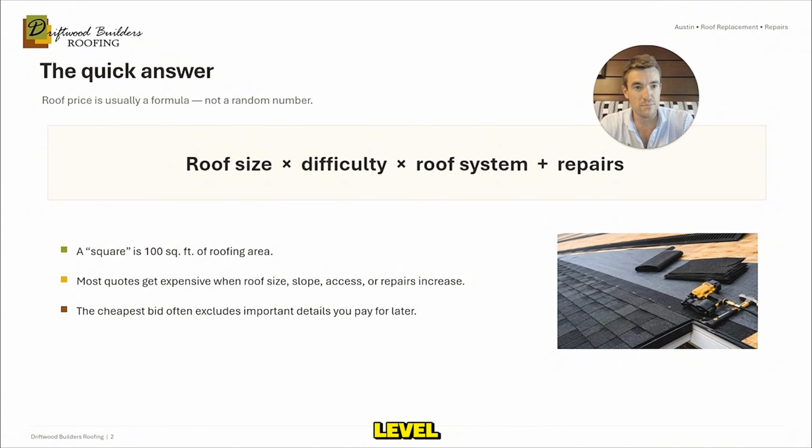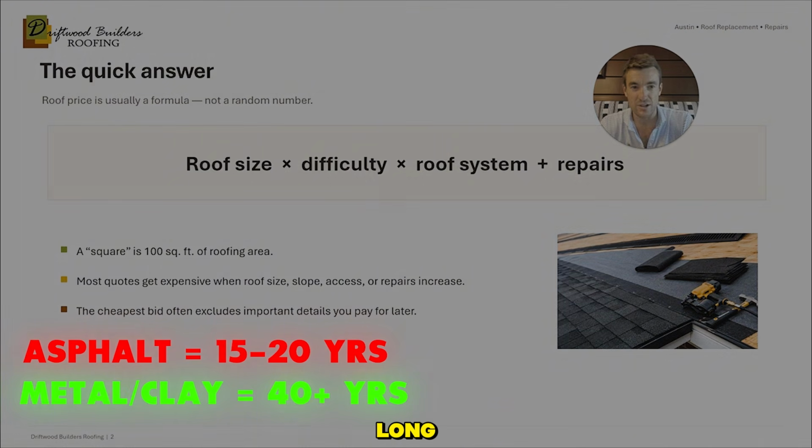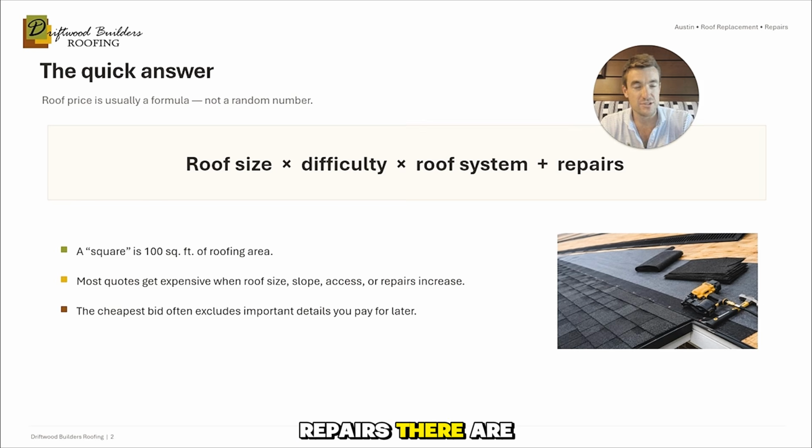At a high level, metal and clay tile roofs cost about twice as much as asphalt shingle roofs, but they also last about twice as long. And then for repairs, there are various repairs that can be added on. But the two biggest things you need to keep in mind is the cost to remove extra felt paper underneath shingles and then wood decking underneath that.